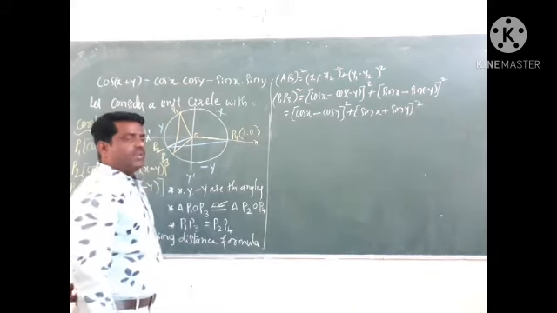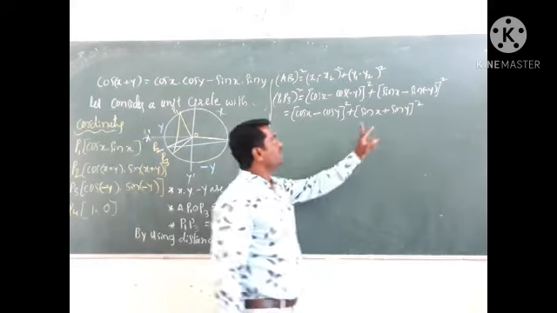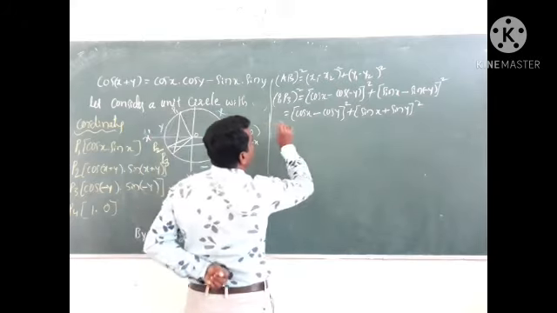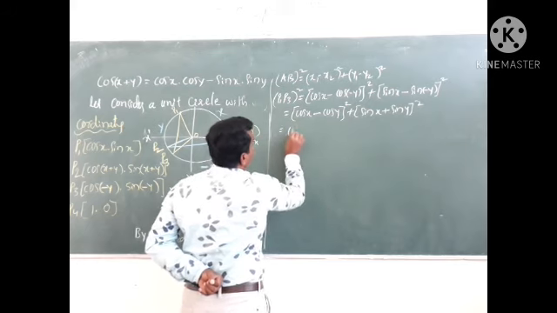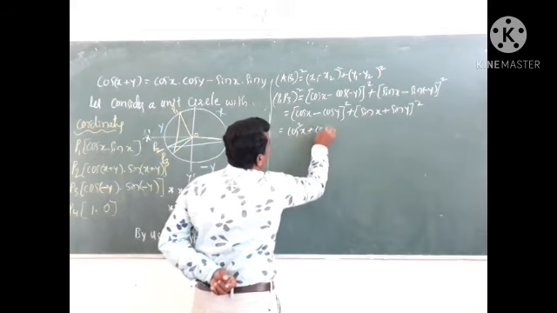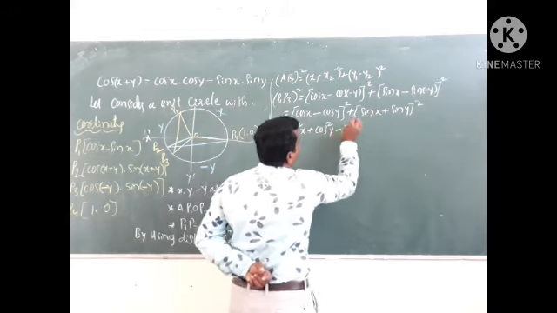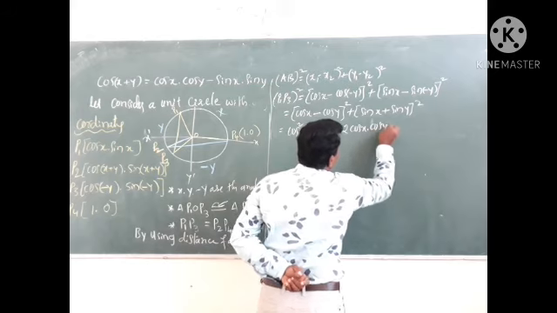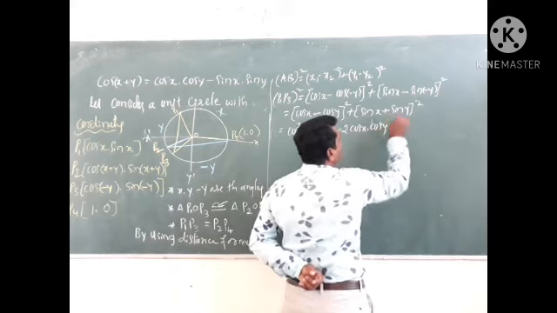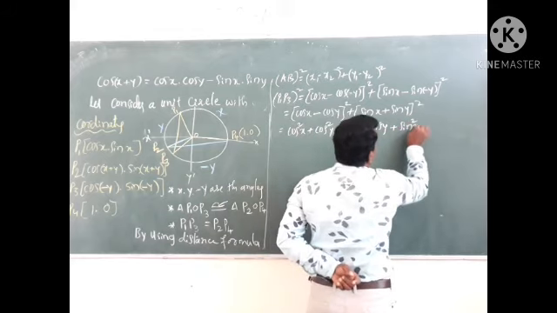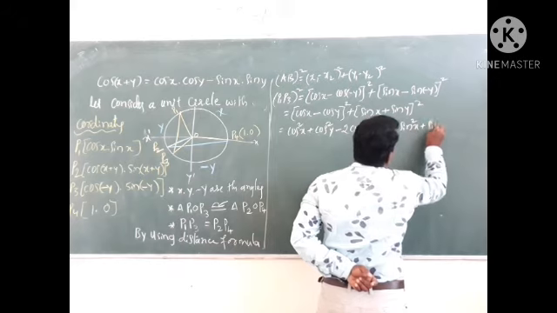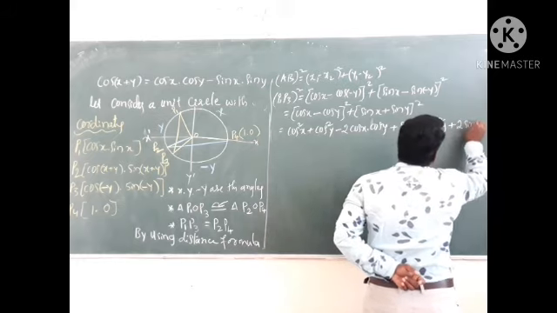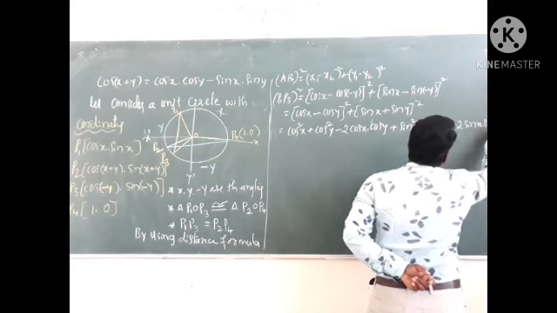Now applying the a minus b whole square and a plus b whole square formulas, this is cos square x plus cos square y minus 2 cos x cos y, plus sin square x plus sin square y plus 2 sin x sin y.